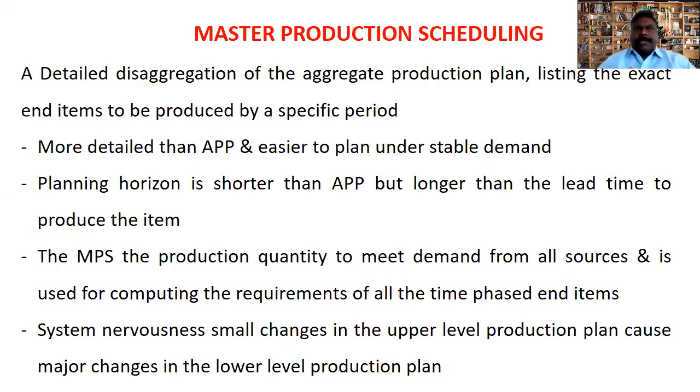That is the bottleneck. While planning, first we think of doing something, then we make some slight changes, and those slight changes lead to big changes in the following things. That is system nervousness: small changes in the upper level production plan cause major changes in the lower level of production.